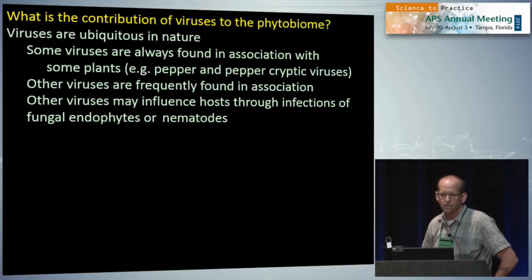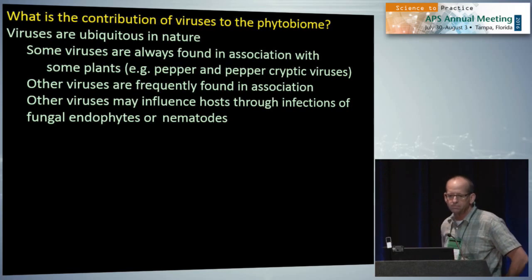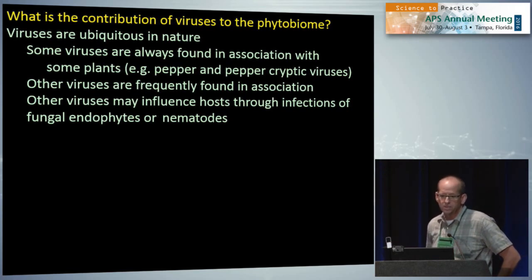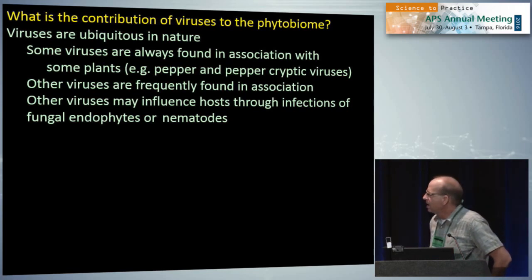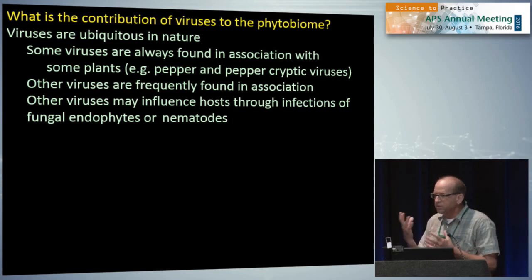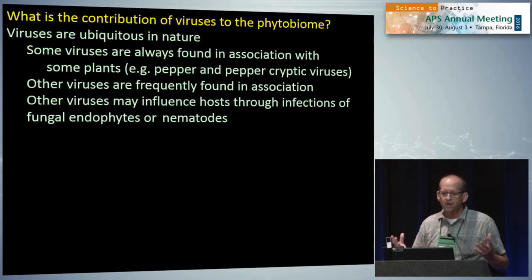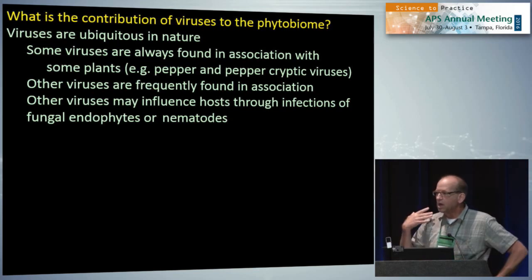So, what's the contribution of viruses to the phytobiome? Viruses are ubiquitous in nature, and as Rodrigo showed, some viruses are persistent viruses. They're always found in association with their hosts, pepper and some of the pepper viruses. Other viruses are frequently found in association. I think about barley yellow dwarf in wheat, for example. A large part of the wheat crop is actually infected with barley yellow dwarf.